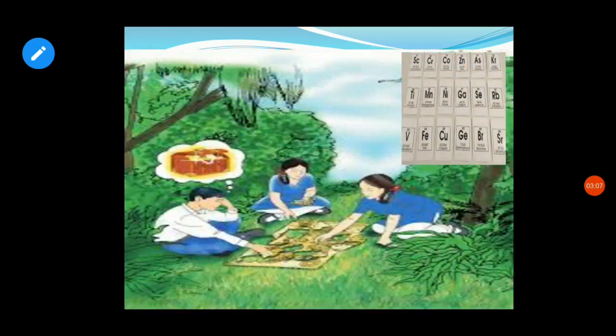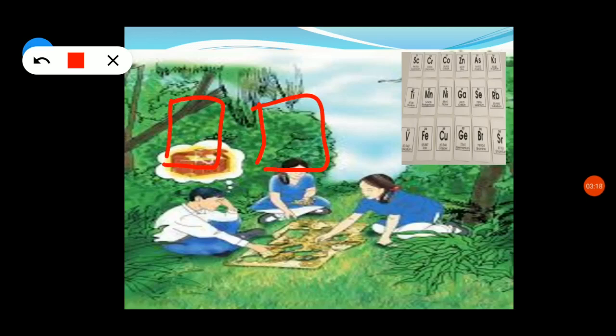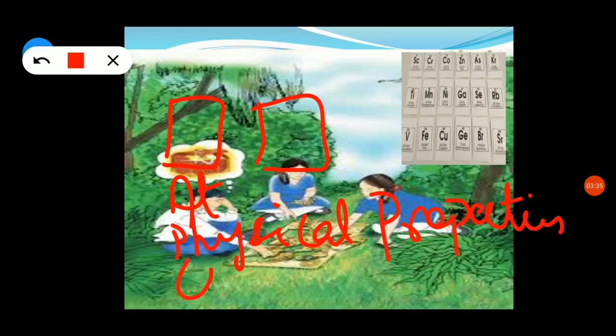What he did was, he took 63 cards and he wrote the atomic mass, some of the physical properties, and chemical properties of the elements on each card.